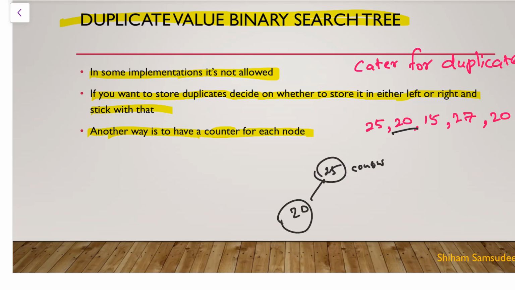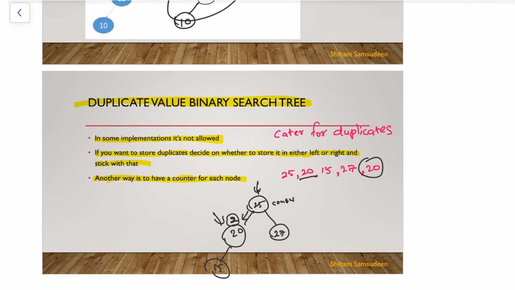So when a second 20 comes in, the counter value will go to 2, right? So this counter is 1, we have 15 here, we have 27 there, and the last 20, it will come here, it will come there, and then the counter will be incremented to 2. So that is another way of handling duplicates.